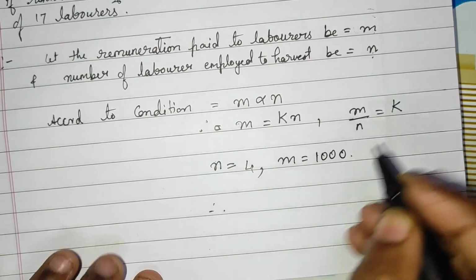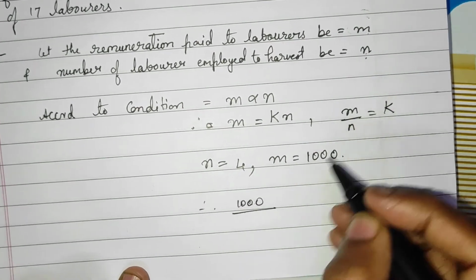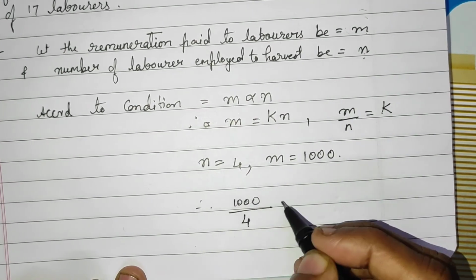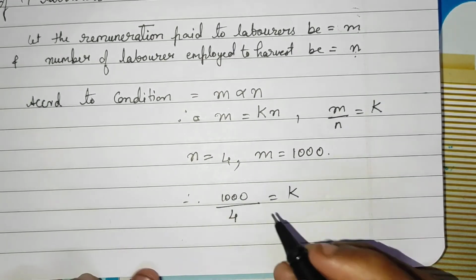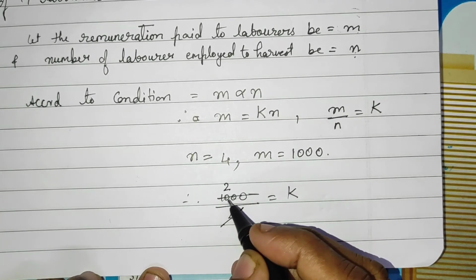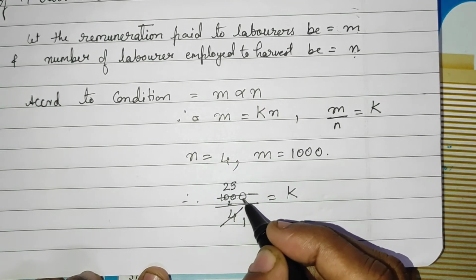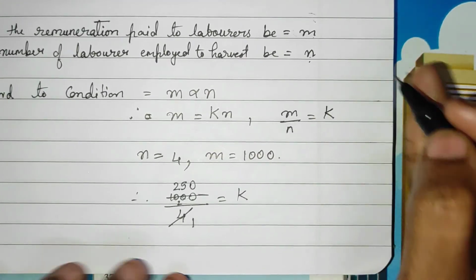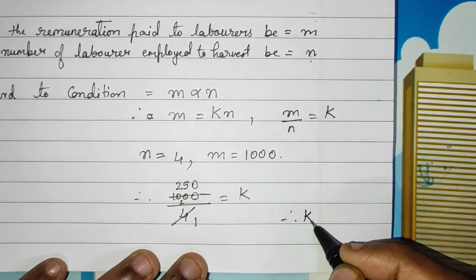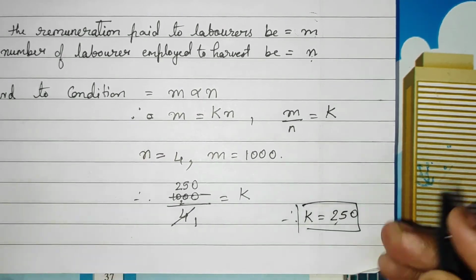So therefore M upon N, so 1000 upon N, that is 1000 upon 4 is equals to K. So 4 ones are 4, 4 twos are 8, 10 minus 8 is 2, 4 fives are 20 and these 4 zeros are 0. So here therefore K is equals to 250.